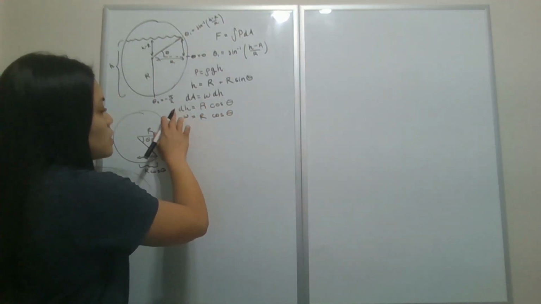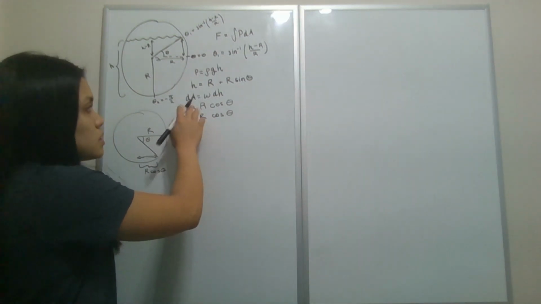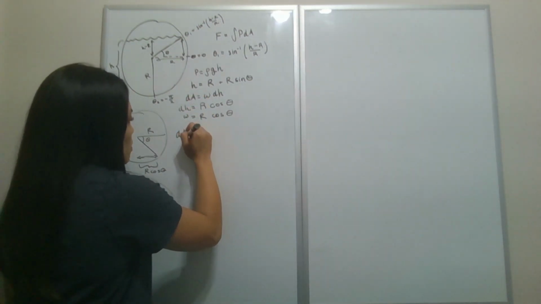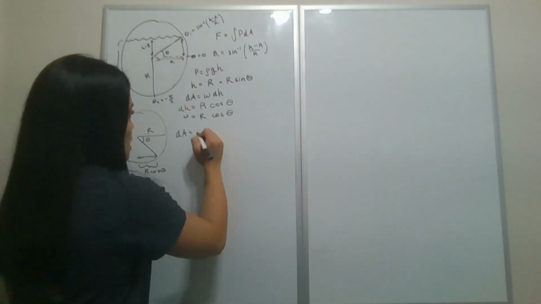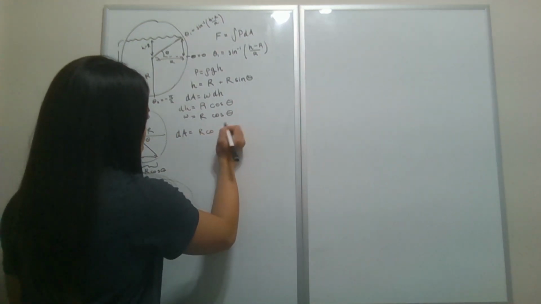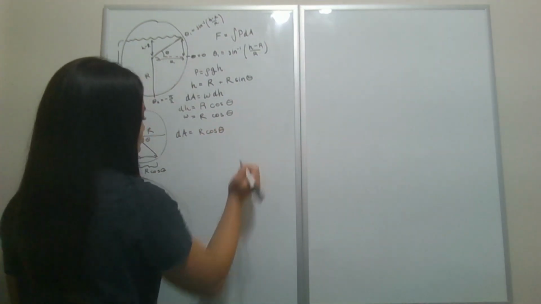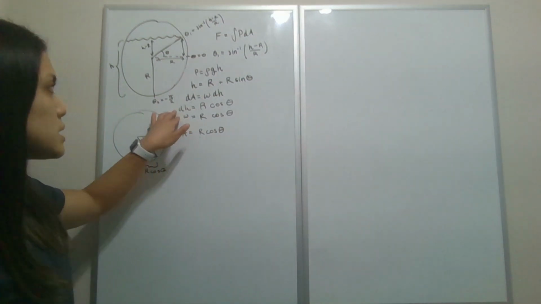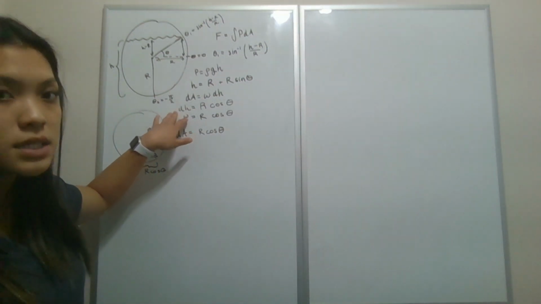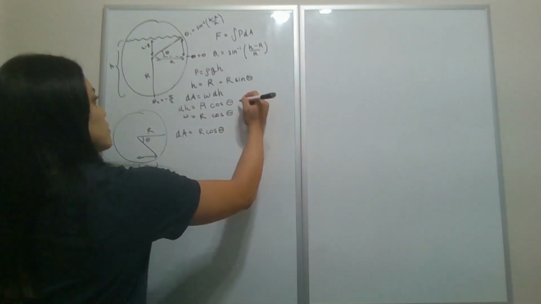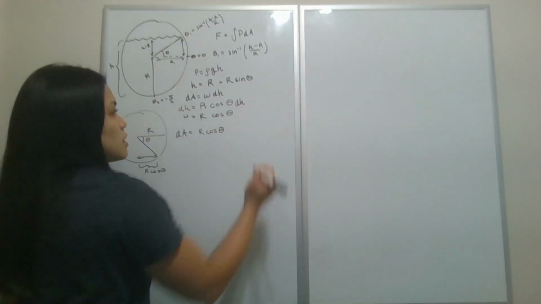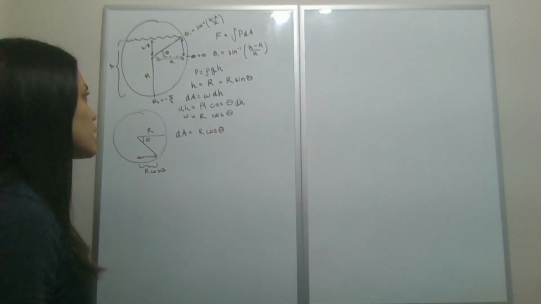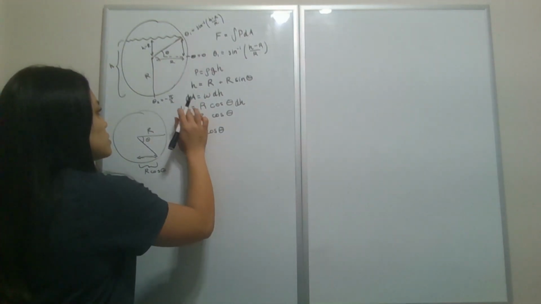So plugging the differential height and then the width into our differential area equation, we have the differential area is the radius times cosine of theta. And I did miss one thing from the differential area. Since we differentiated the height, it has to have the differential at the back here.